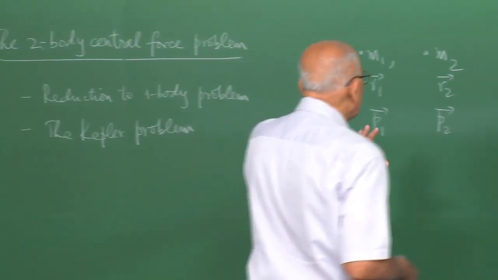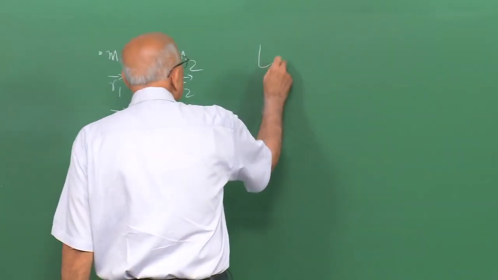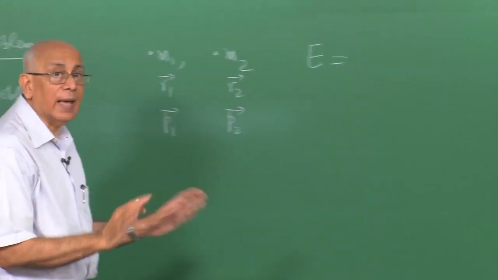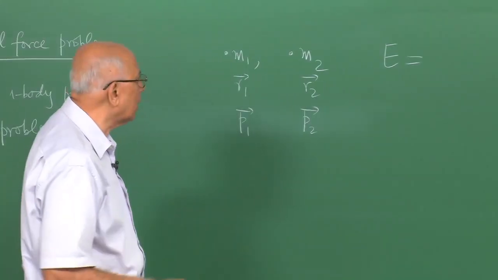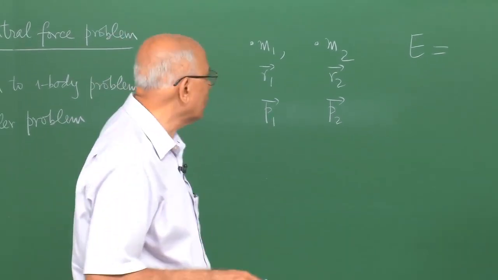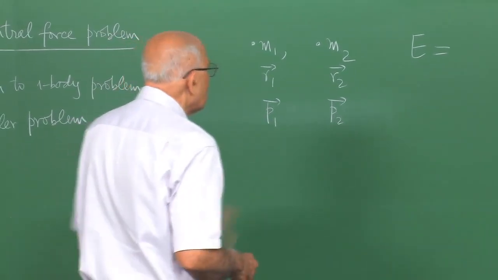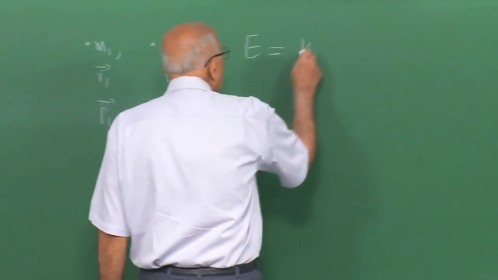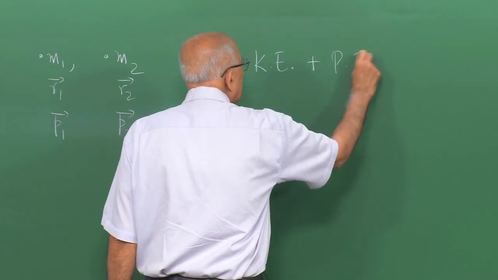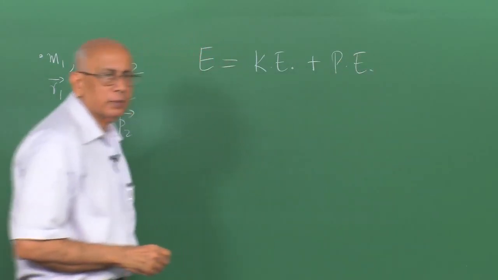Now the first thing that we have is the total energy of this system of two particles, and there is nothing else in the universe, just these two particles moving slow compared to the speed of light in vacuum, so it is non-relativistic. The total energy is the kinetic energy of the two particles plus the potential energy of the two particles.